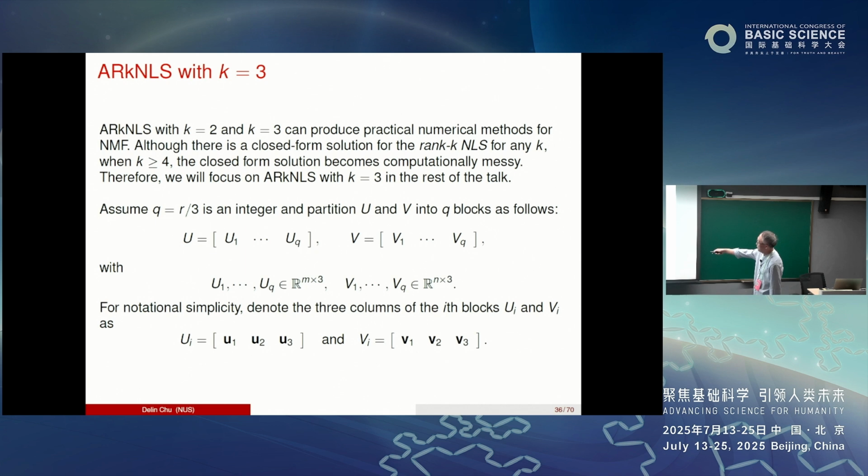Now as usual, we partition U and V as blocks U1, U2, ..., UQ, V1, V2, ..., VQ. Of course, the last block needs special treatment. Maybe the last block has 2 columns, 3 columns, or 1 column. Now for notation simplicity, we denote the columns of Ui as u1, u2, u3, and Vi as v1, v2, v3.